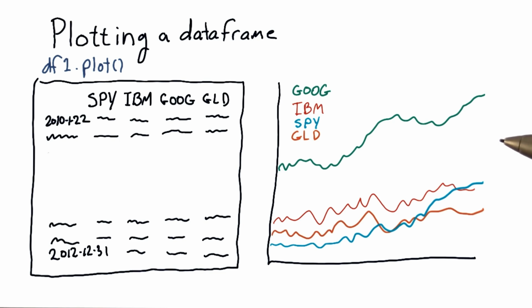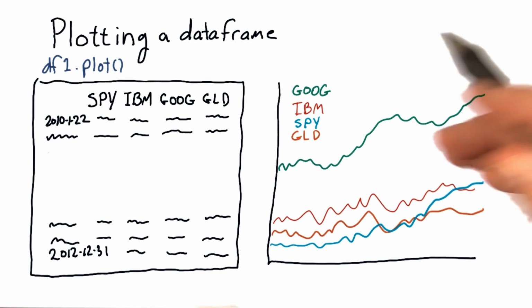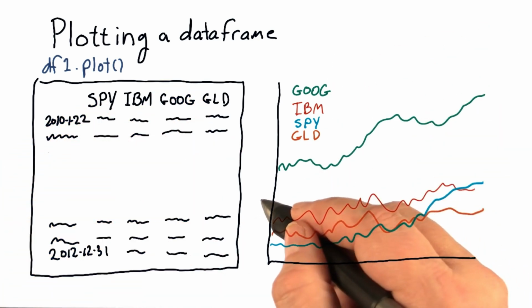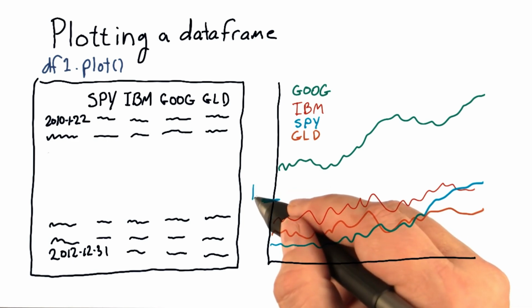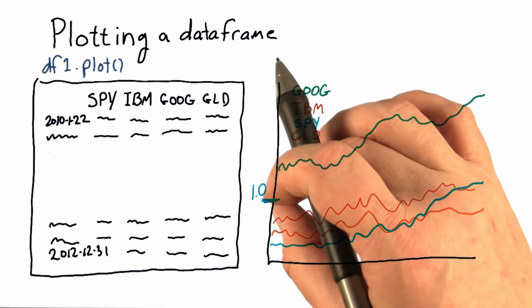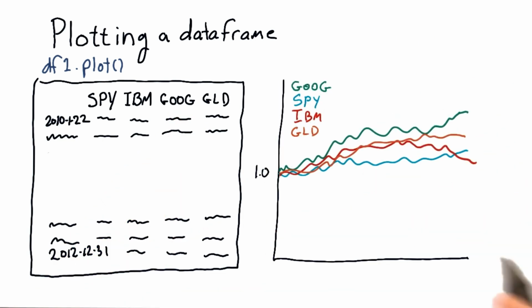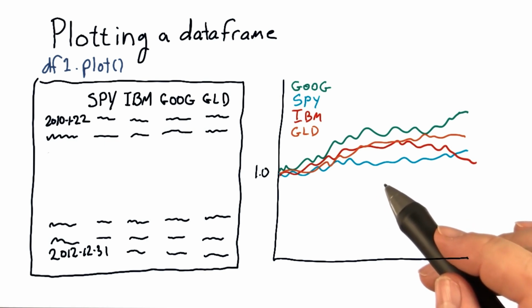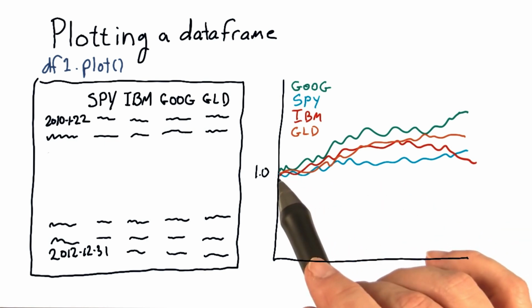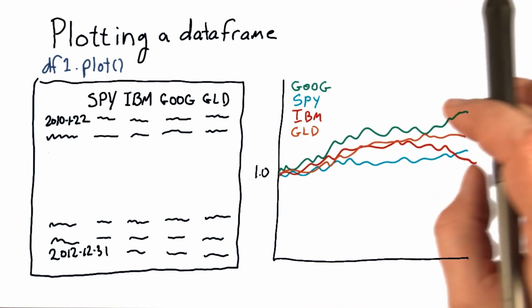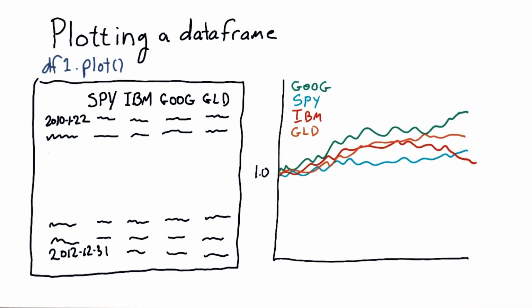So what we'd like to do instead is have them all start at one single point, say that's 1.0, and then go out from there so we can make an apples-to-apples comparison. So we'd like to end up with a chart that looks like this, where everything starts at 1.0, and we can compare them on an equal basis going forward.